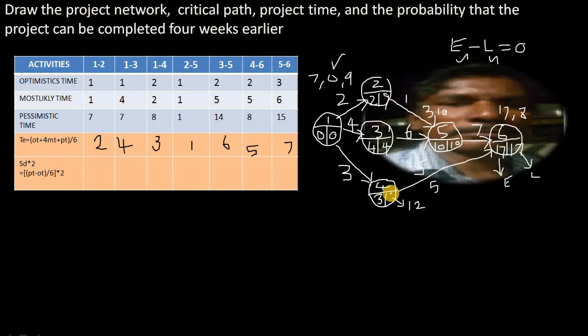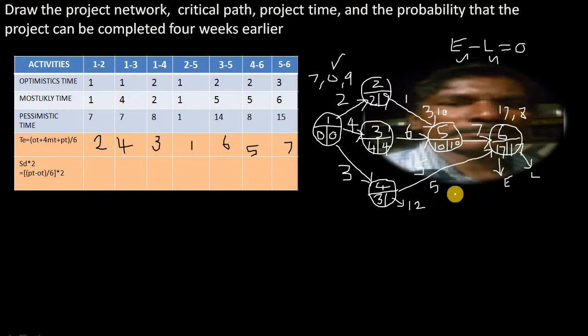And in the fourth event, the earliest time is 3, latest time is 12. The difference is 9. Here the earliest time is 10, latest time is 10. The difference is 0. In this sixth event, the earliest time is 17 weeks and latest time is 17 weeks. The difference is 0.